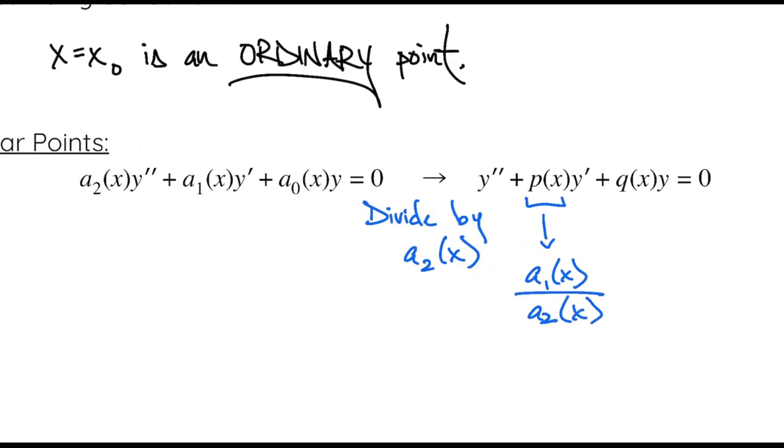And that q of x could be written as a sub 0 of x over a sub 2 of x. Okay. So we divided things away. We called them a different letter just so that we wouldn't have to write a bunch of fractions. Okay.